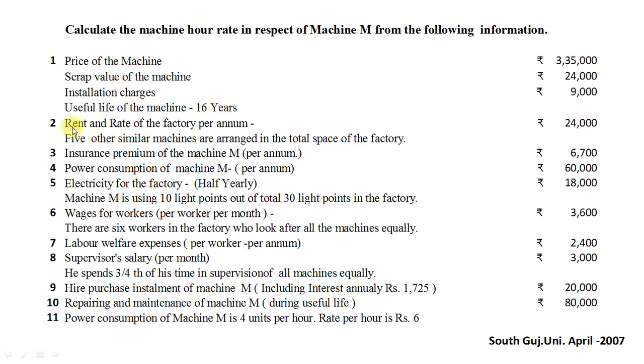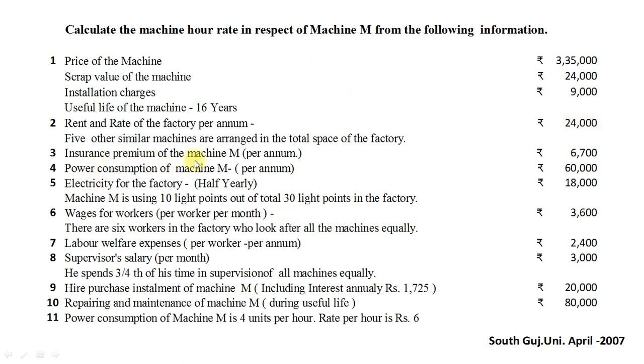Then we are given information of rent and rates of the factory per annum. 5 other similar machines are arranged in the total space of the factory. It means in total we have 6 machines. Machine M plus 5 other, that is total 6 machines. And total rent and rates of the factory is 24,000.